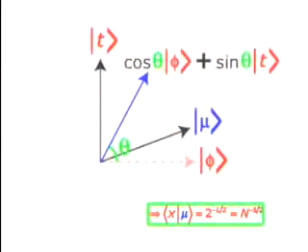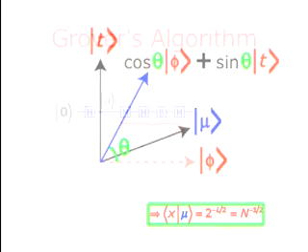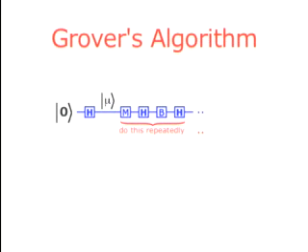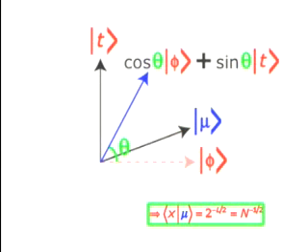The state that we want to end up in, namely ket t, is in this parameterized family with theta equals pi by 2. And at the moment after our initial Hadamard operation, just before we start the iterations, we're in the state mu, which is also of this form, but with theta equals arc sine of 1 over root n.